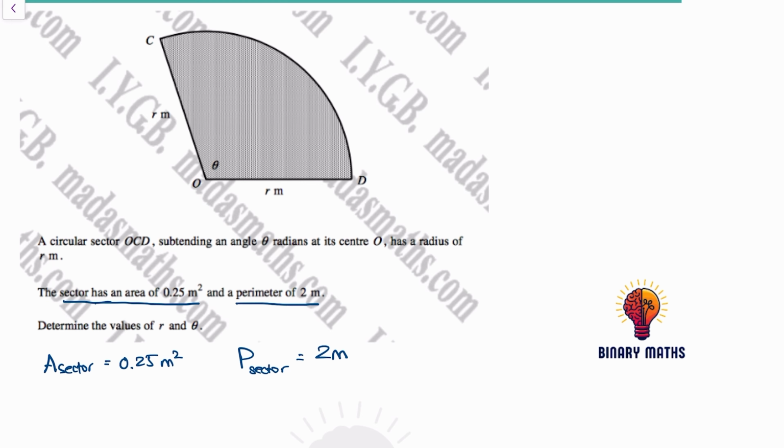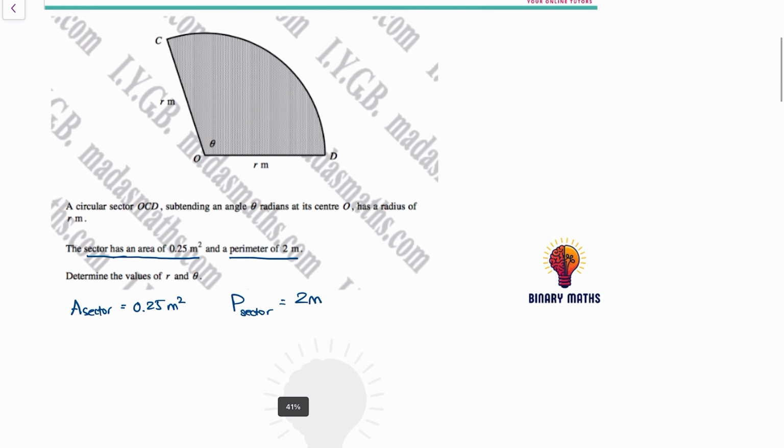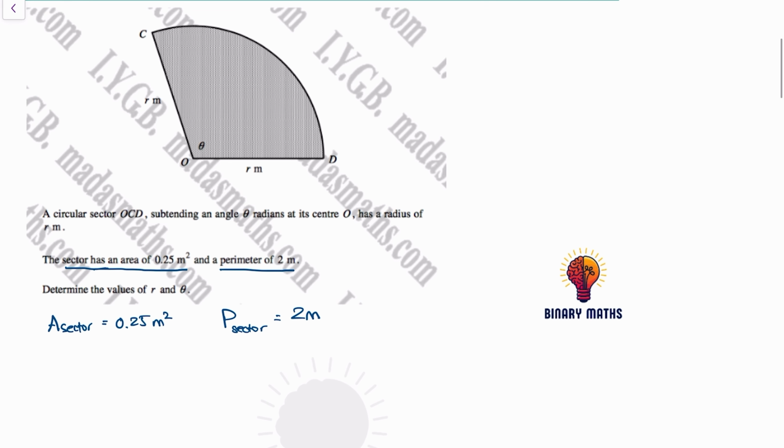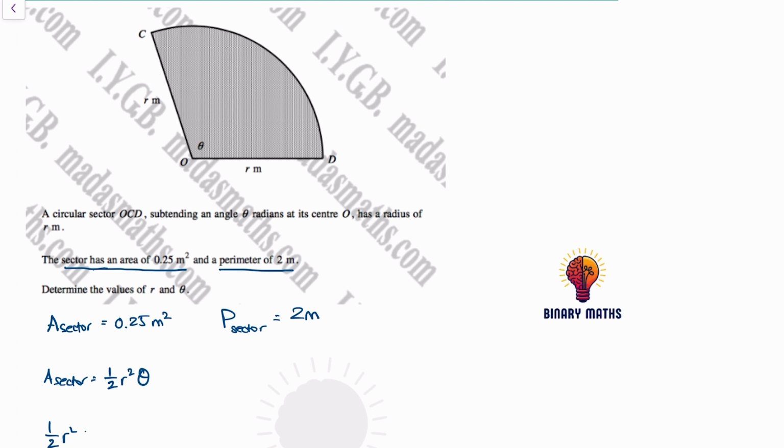The first thing I'll have to do is write out the equation for area of sector. The formula is half r squared theta. If I combine the two equations I have for sector area, then half r squared theta must be equal to 0.25.